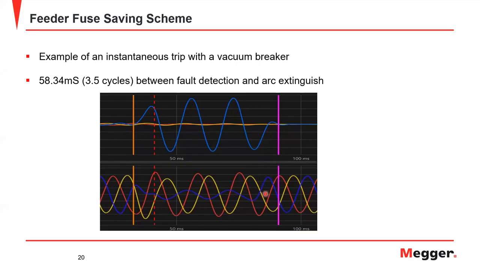Then finally, the breaker starts to come open, the arc starts to go out, and right here you can see where it's extinguishing. And then in the post-fault, you can see truly that there is zero current, and you can see this zero current compares to very slight load current. You can also see healthy voltage has been restored. So we had about 3.5 cycles of unhealthy voltage and high fault current.